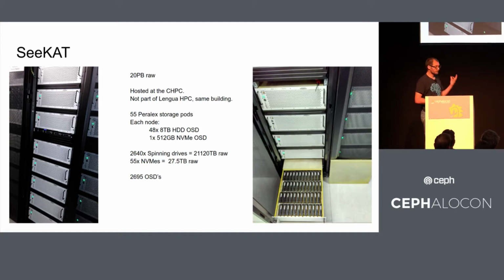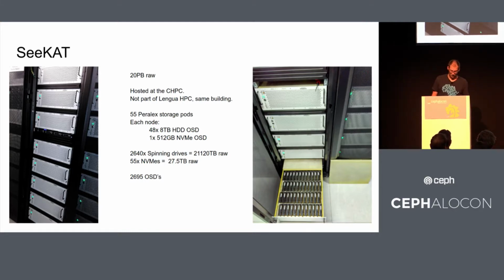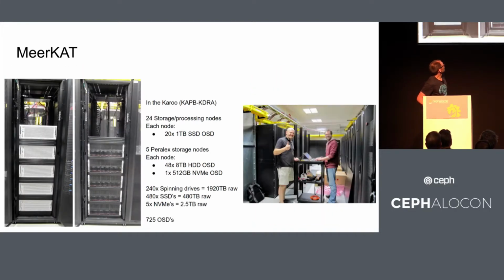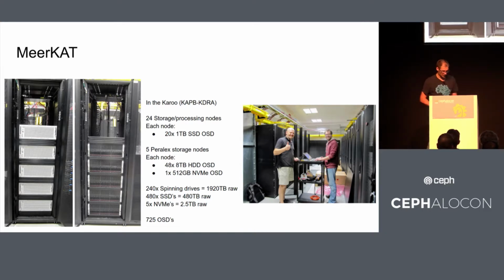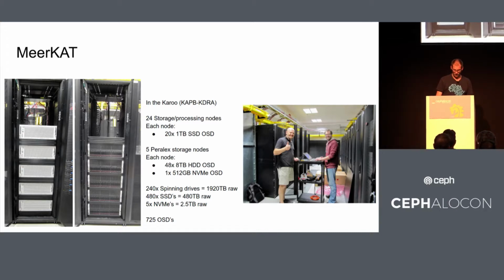That gives us nearly 3,000 OSDs at that site. So the previous speaker's talk is going to be very relevant for us. The MeerKAT site is much smaller, but it's comprised of different types of hardware. Those are the 2 storage units that I showed you earlier.